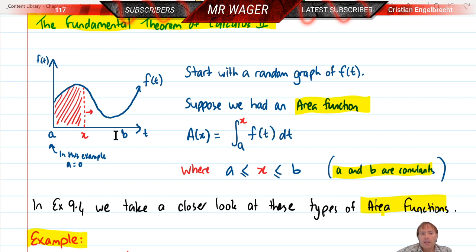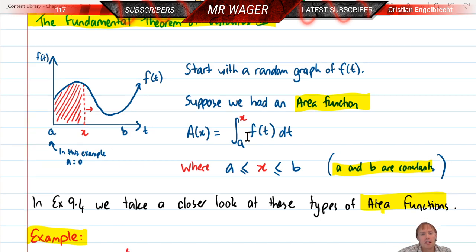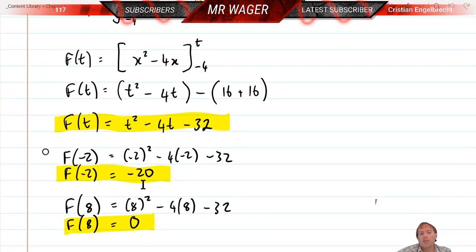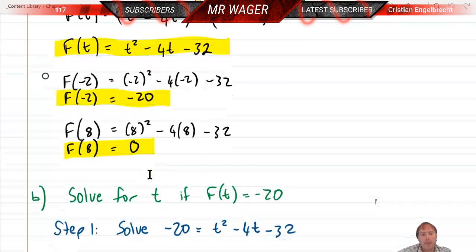But area functions, in this instance, can be dealing with negative integrals, and that's okay. So some parts of the graph go below the x-axis and are going to give us negative integrals. So my point is, don't convert these to positive values for area function questions.